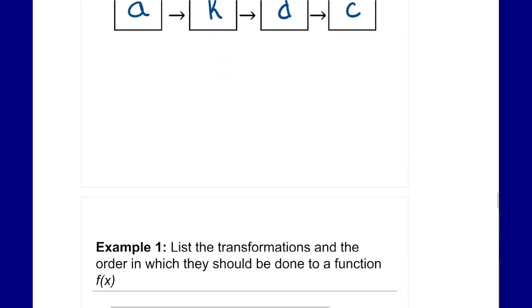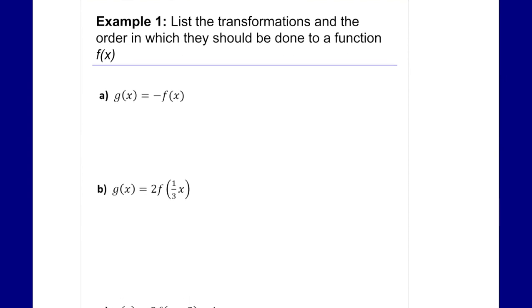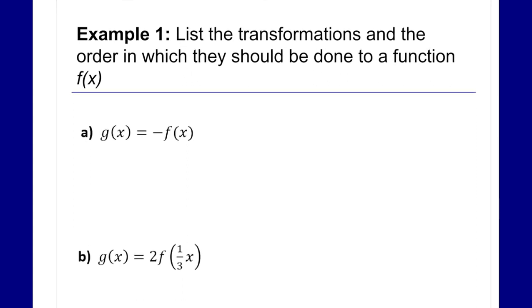So let's take a look at some functions and list the transformations and the order in which they should be done to the base function, or that parent function f of x. I'm going to look at the first one. For a, g of x is equal to negative f of x. I'm going to highlight any transformations, anything that's happening to this parent function. The only thing is that it's negative.